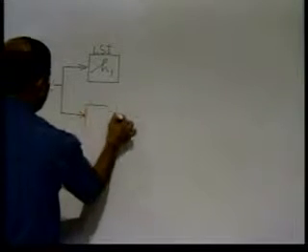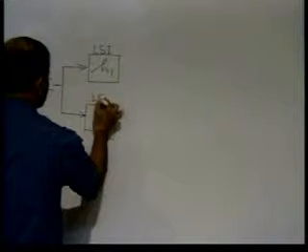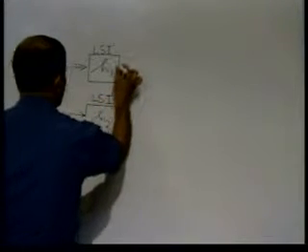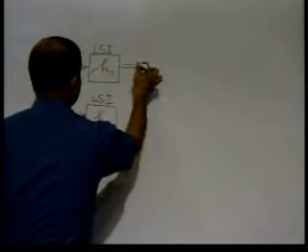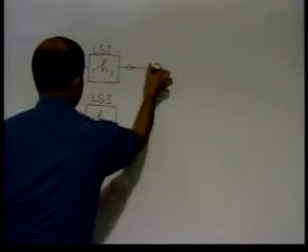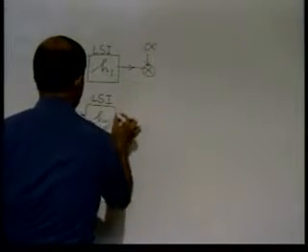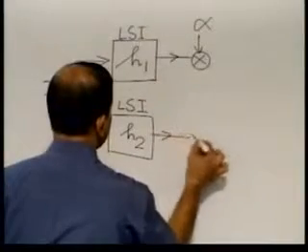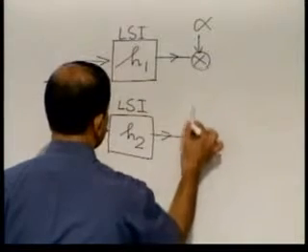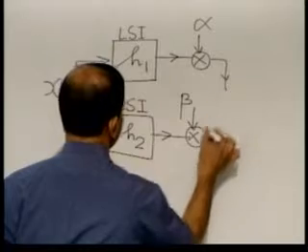And here I have another LSI system with impulse response H2. I multiply the output of this by alpha and the output of this by beta, and add them.